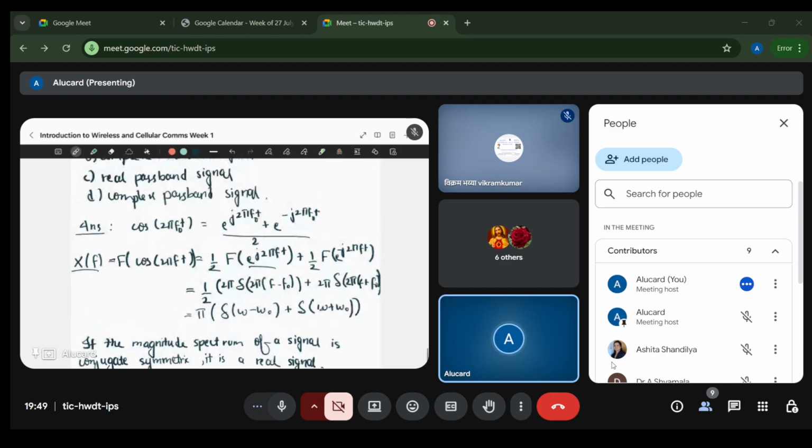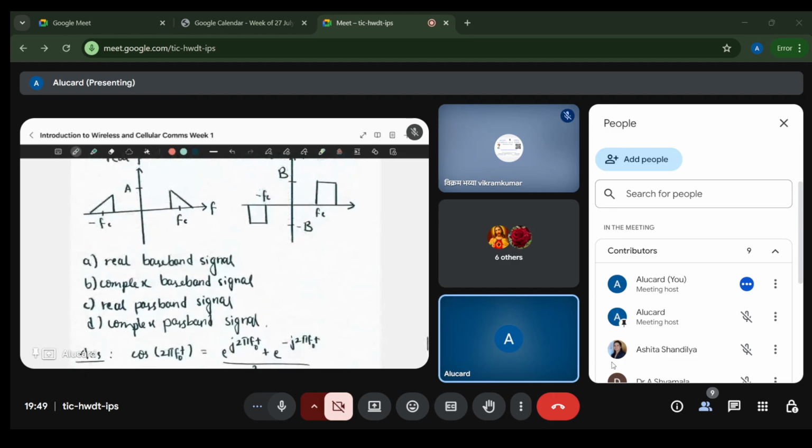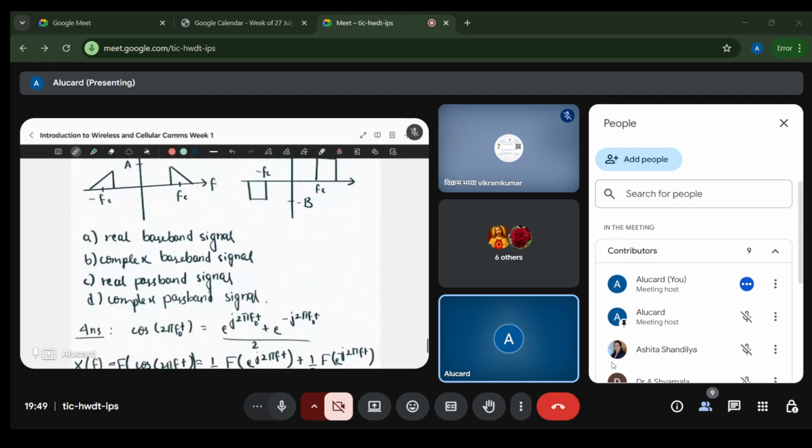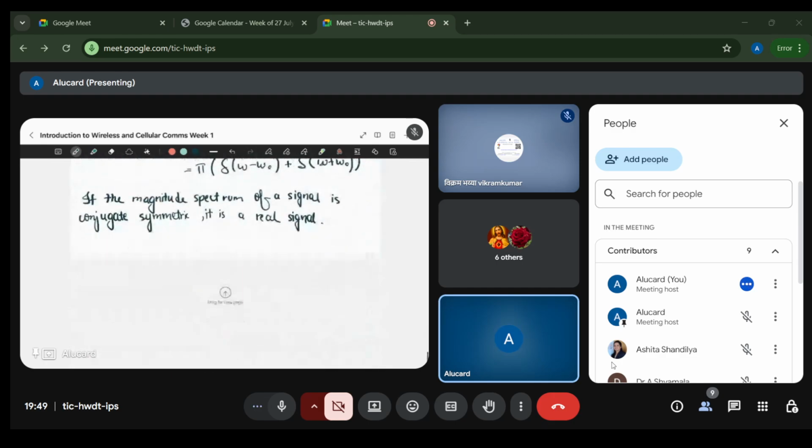By conjugate symmetric, what we mean is the real part is even and the imaginary part is odd.